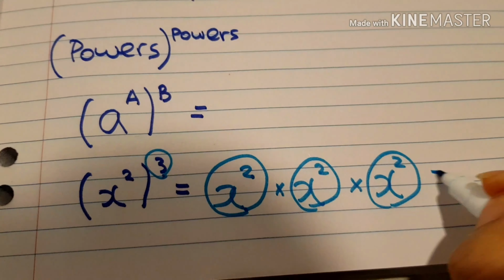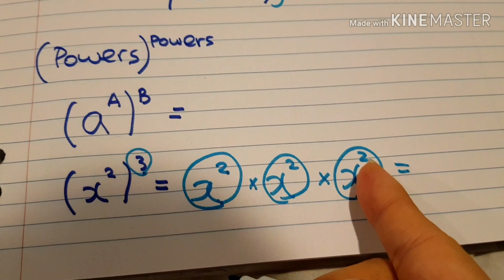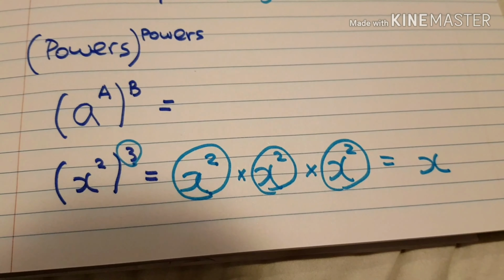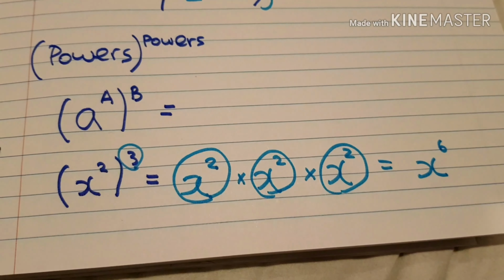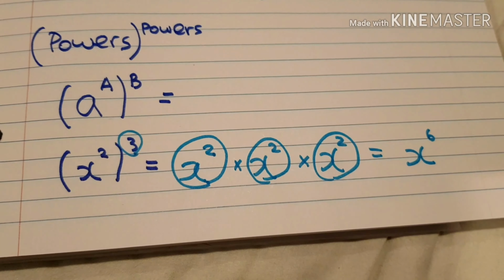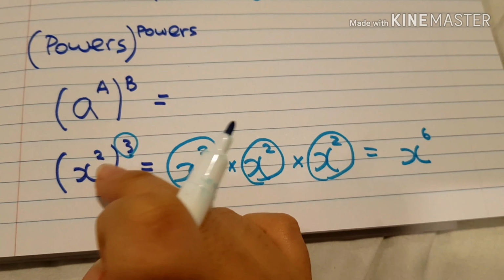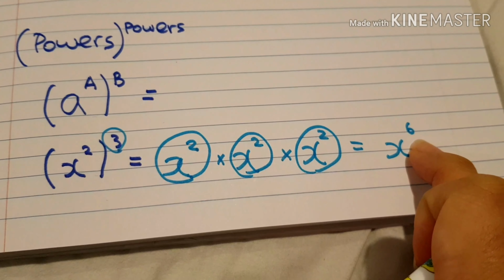So therefore, what will be the answer? x to the power of 2, 2, 2 with the same base. I'm going to add them together. So therefore, 6. Okay, or simply, you can just multiply these two together, 2 times 3, and get 6 straight away, right?